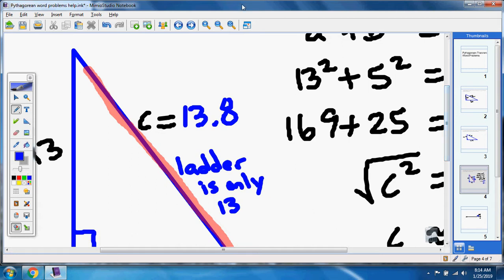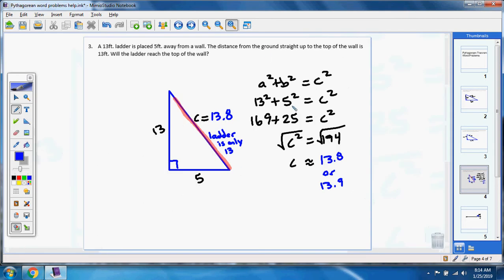Okay, moving on. Two more. So make a quick sentence answer again. It's asking, will the ladder fit?